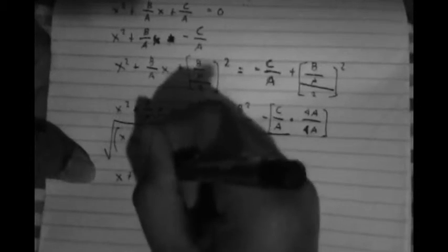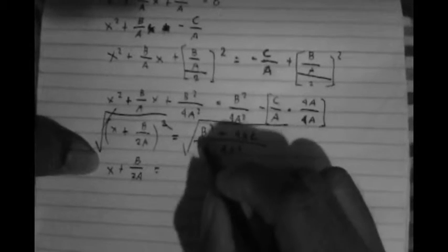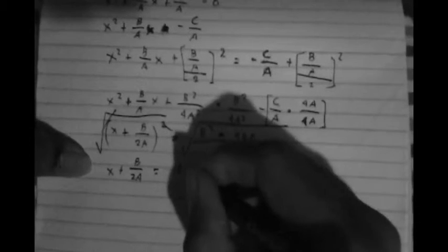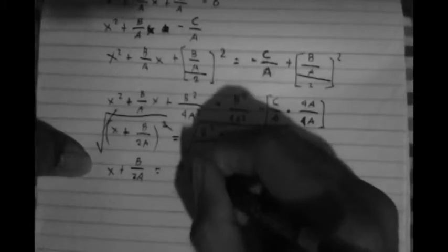So x plus b over 2a, because the square will cancel, and the square root of the numerator cannot be simplified directly, so we leave it, but we can square root the denominator, which is 2a. So what happens is plus or minus the square root of b squared minus 4ac all over 2a.